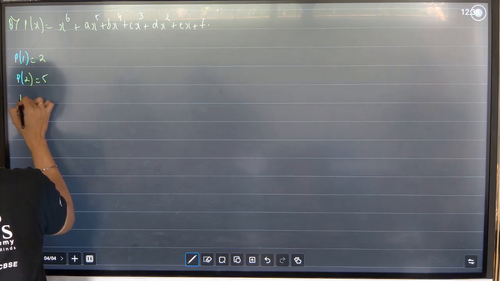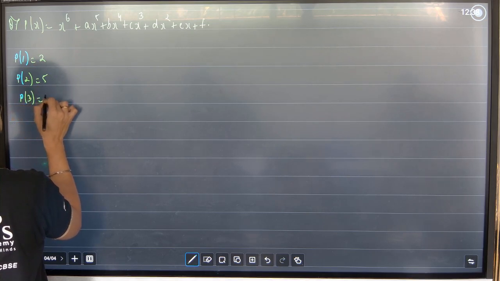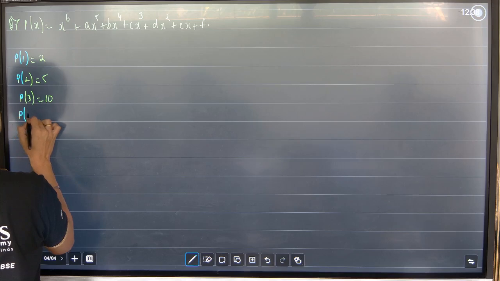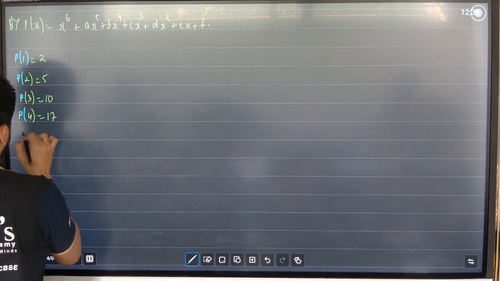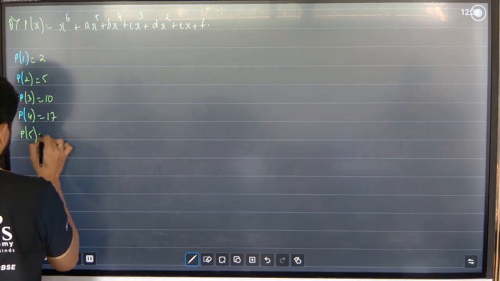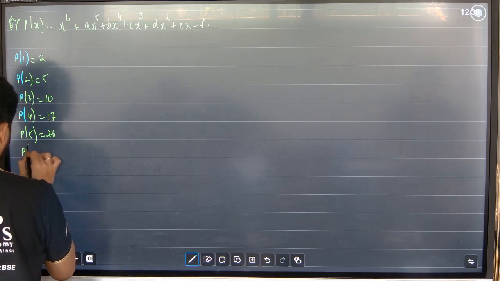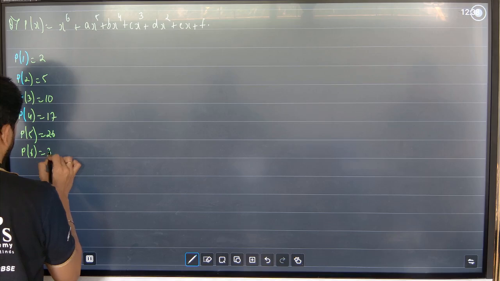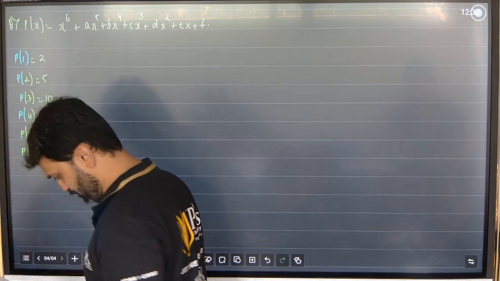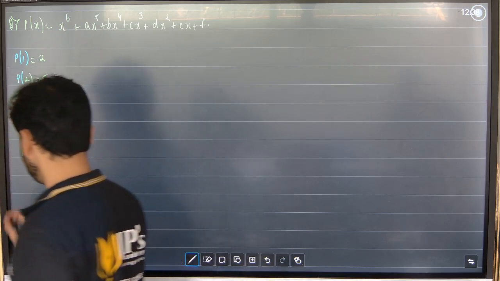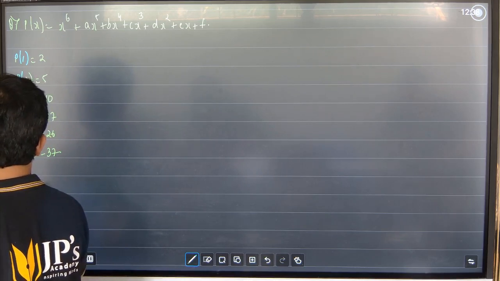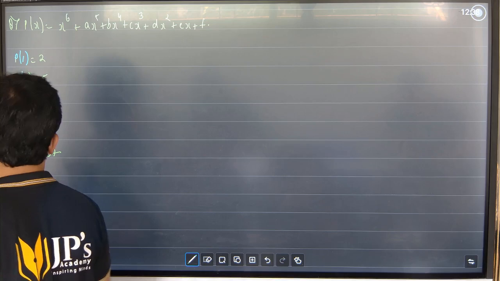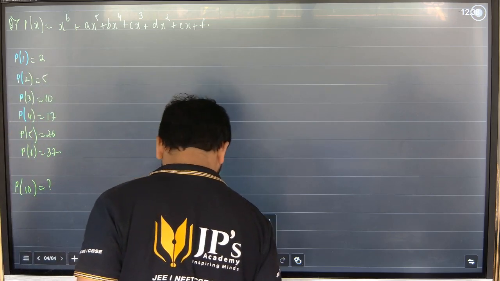P of 2 is equal to 5. P of 3 is equal to 10. P of 4 is equal to 17. P of 5 is equal to 26. P of 6 is equal to 37. Find P of 10.